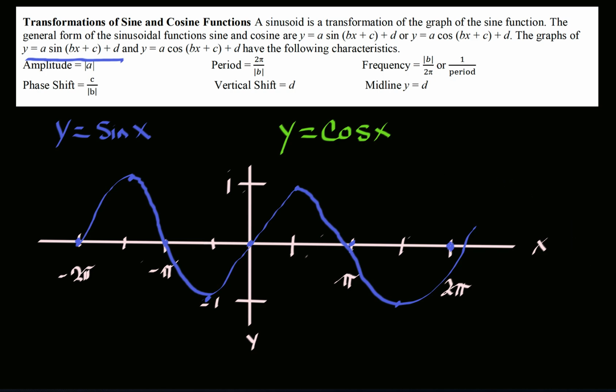Cosine function is very much like that. The cosine function actually just is shifted over a little bit. So cosine starts up here, crosses down through here, right, and goes here, here, here.